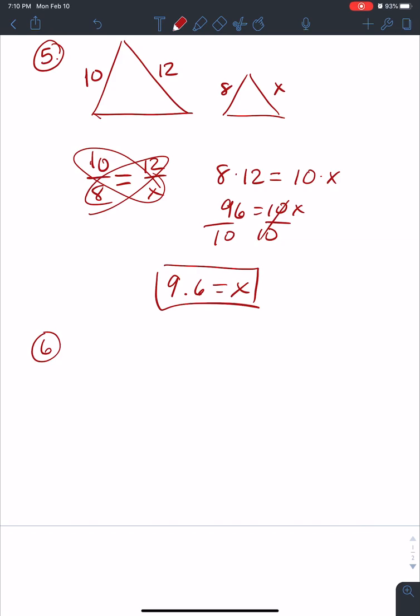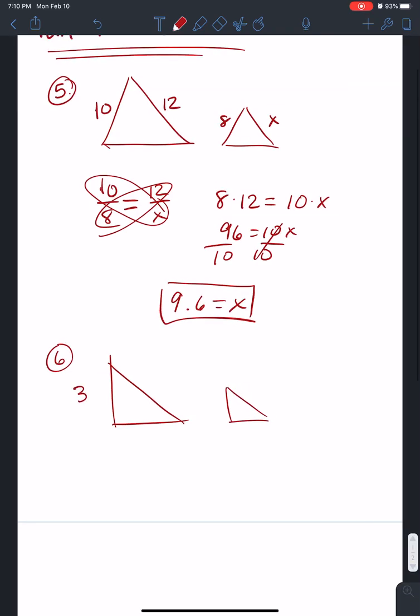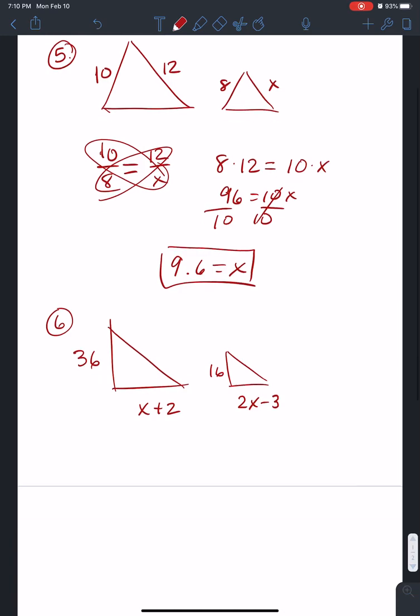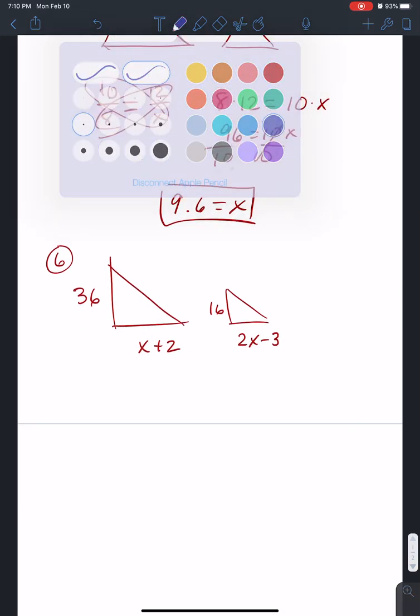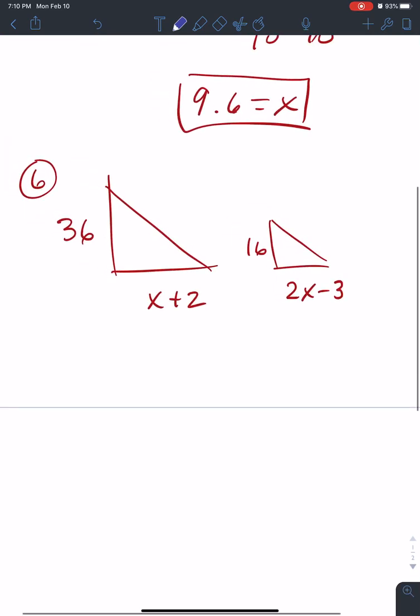All right. Here's one that's a little more complicated. You're setting it up similarly. I was surprised at how many people for this particular question set these sides equal to each other. Do they look equal to you? No, they're not equal. We're talking about similar triangles, okay? We've moved past congruence.